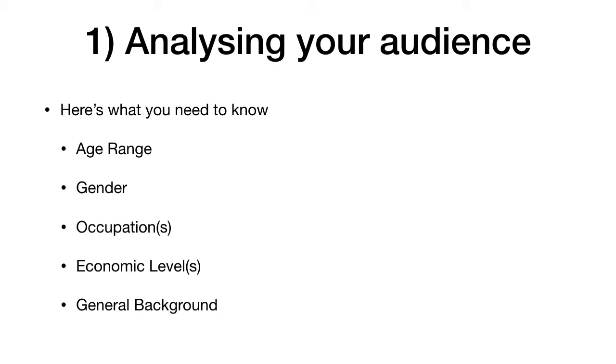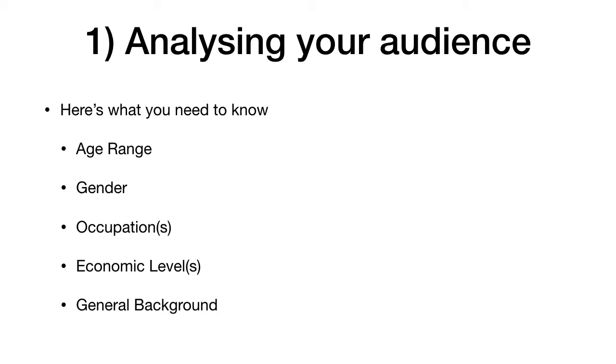And the last one is general background. Is your audience married? Do they have children? What are their attitudes, habits, their religions, their beliefs? It would not be appropriate, for example, to talk to vegetarians about the best steak restaurant somewhere.